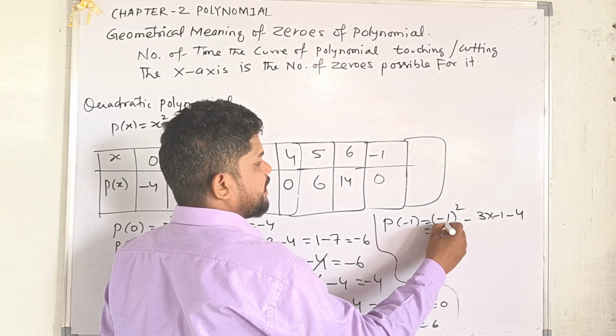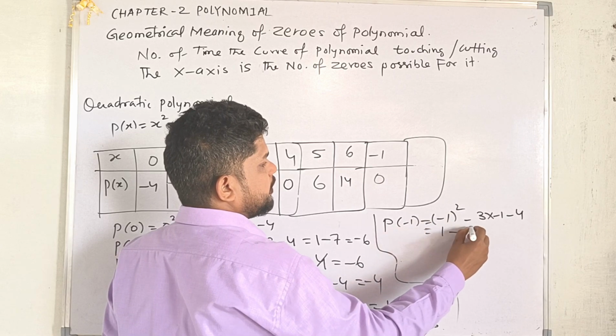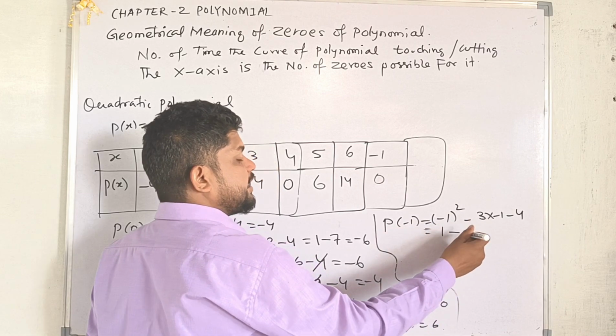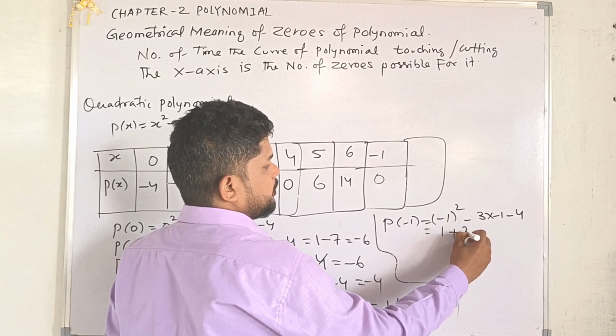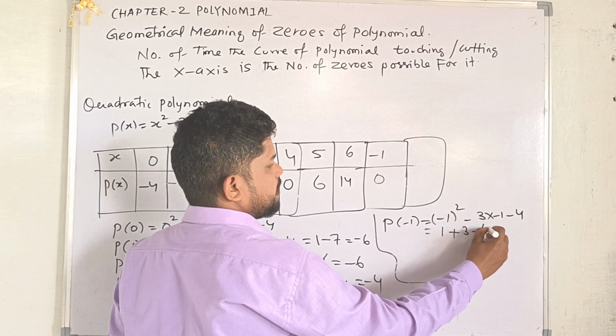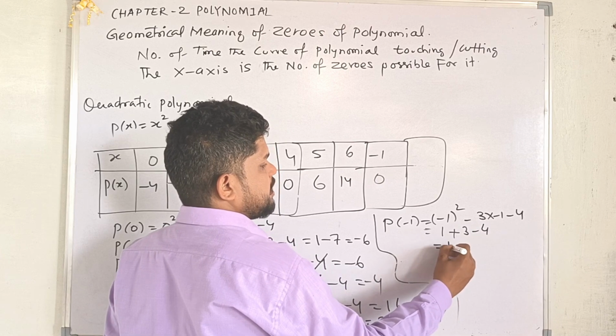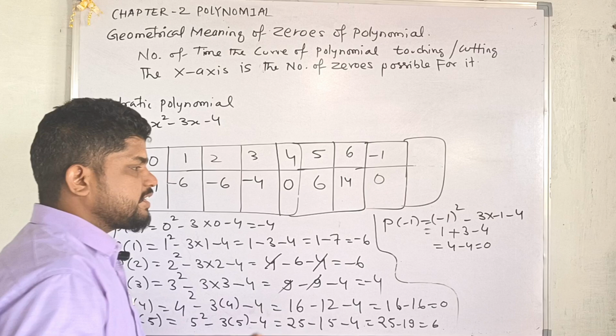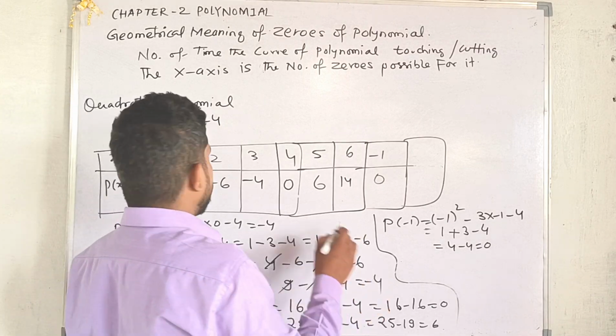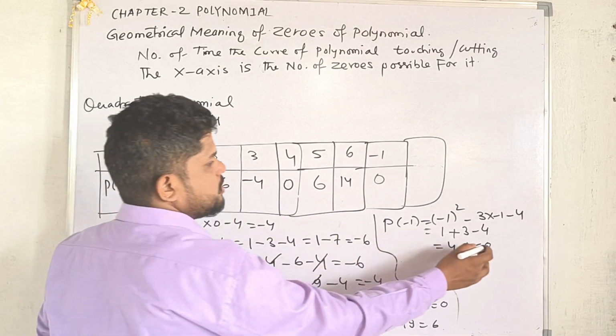Minus 1 square is just 1, and negative of 3 multiplied with negative of 1 will be just 3, then minus 4. 1 plus 3 is 4, minus 4, which equals 0. That is, for x equals minus 1, we are getting p of x equals 0 only.